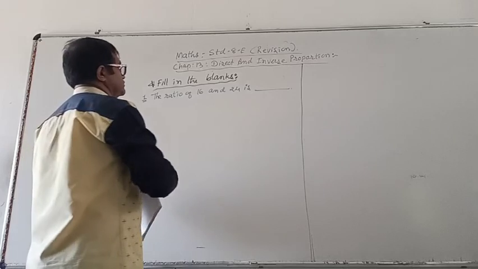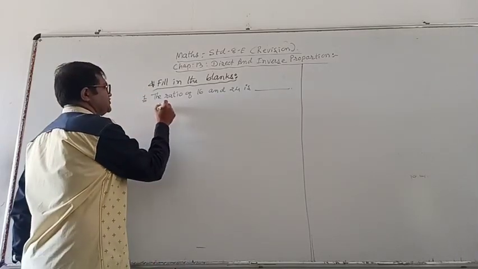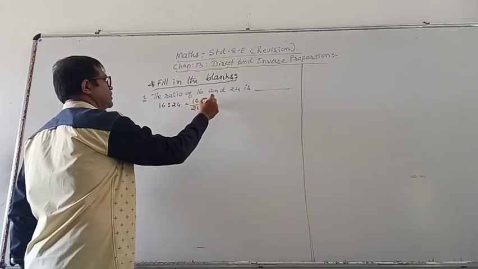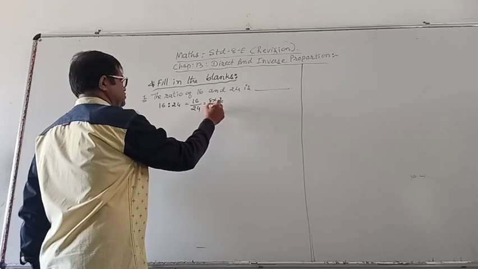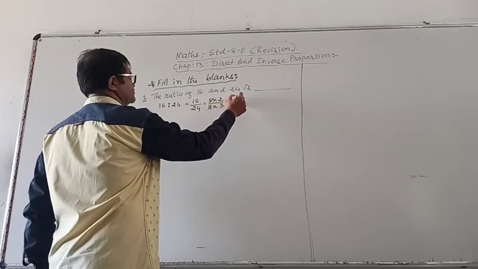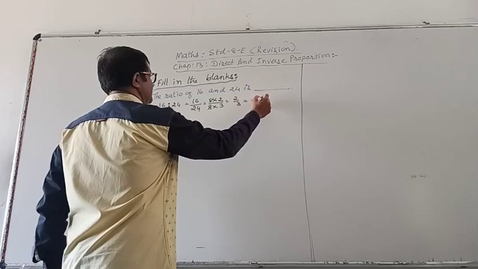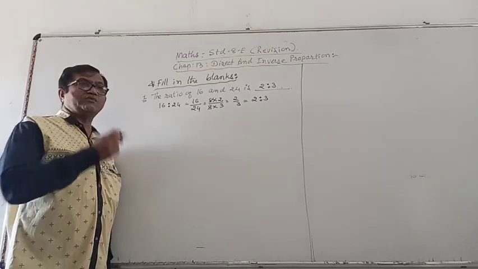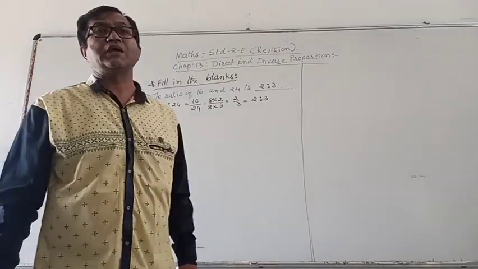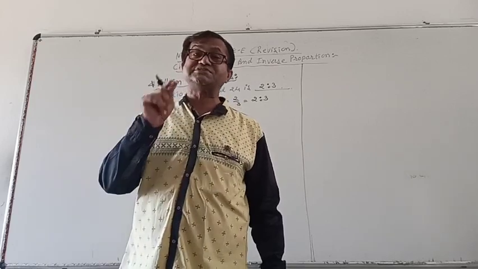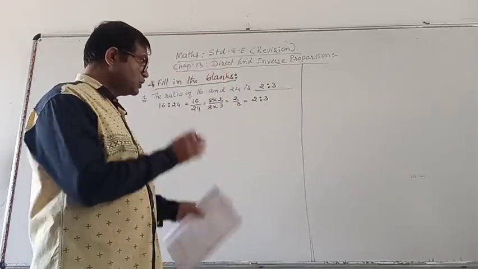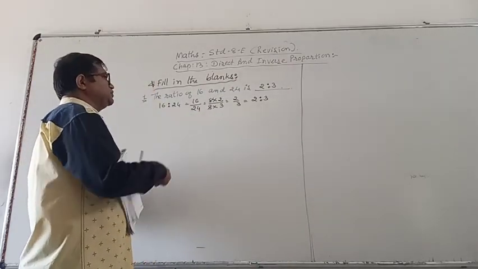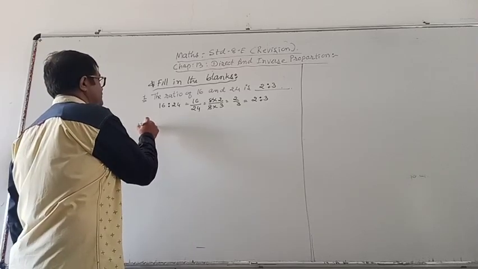So here 16 is to 24, so 16 upon 24. 8 2s are 16, 8 3s are 24. By simplifying we can write it as 2 is to 3. Whenever we find the ratio, we have to write the answer in its simplest form.